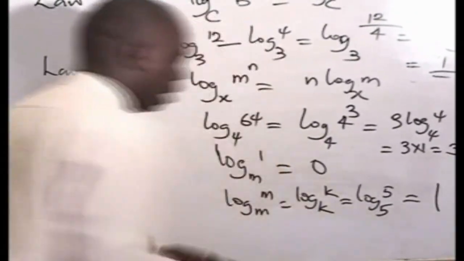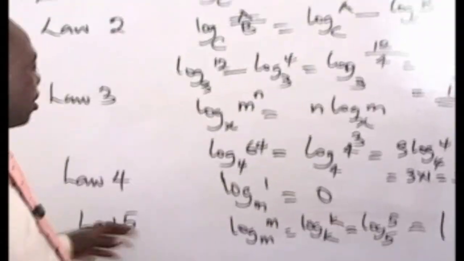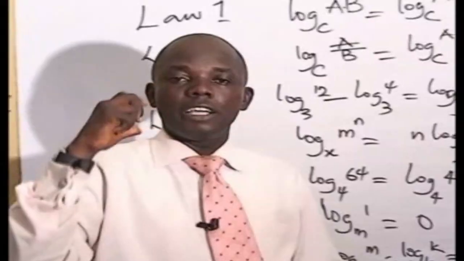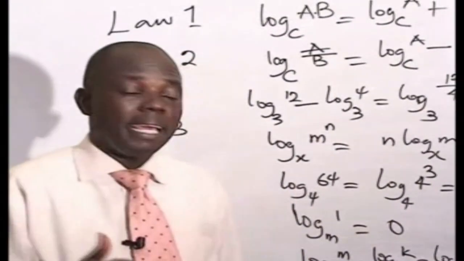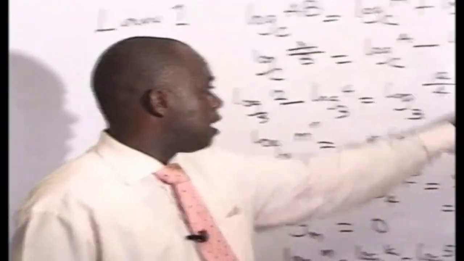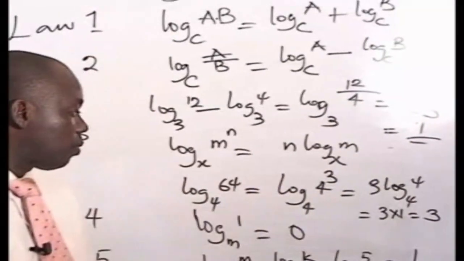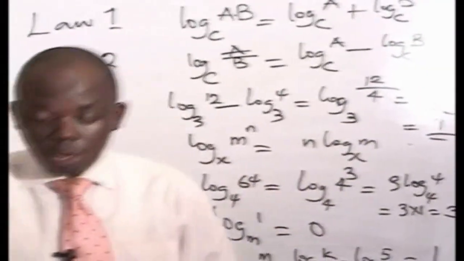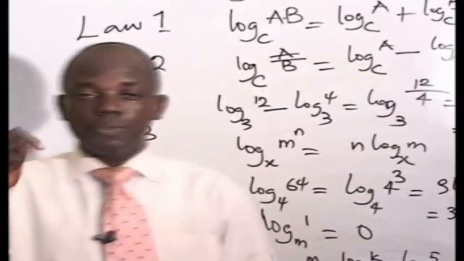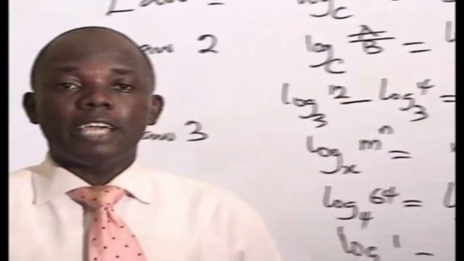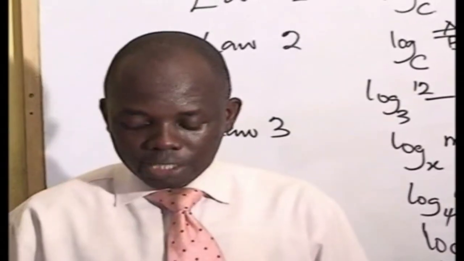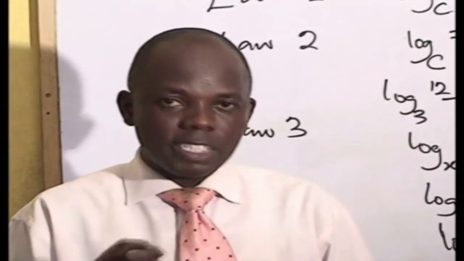All of them are equal to 1. This law says if a logarithm is expressed to the same base, just like in the examples I've given here, log 3 base 3, log 4 base 4, log 12 base 12, log 9 base 9, all of them are equal to 1. It's important you also master these principles.